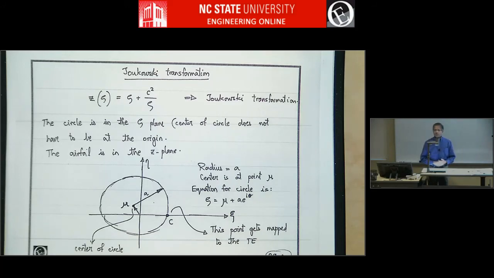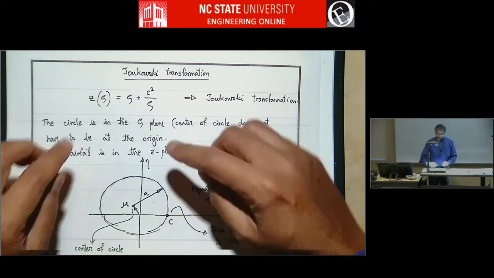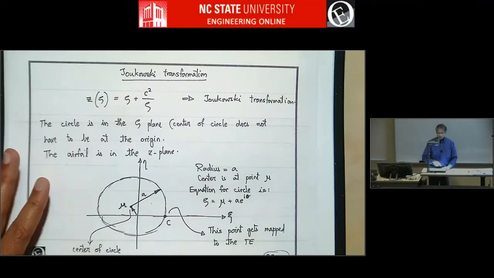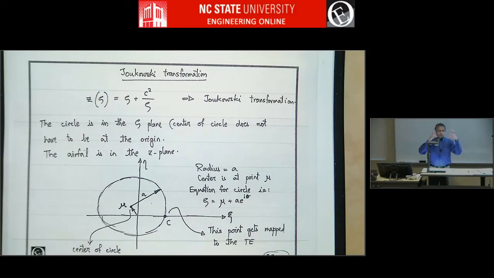This is the Joukowsky transformation. Essentially, if you have a circle in the zeta plane and apply this transformation, on the z plane you will get something resembling an airfoil. Let's see how that works out.